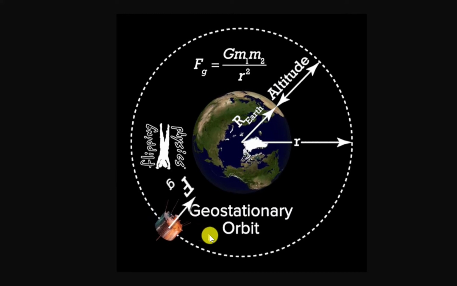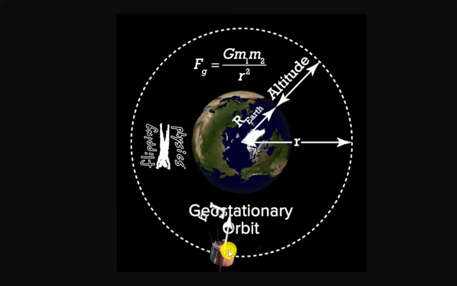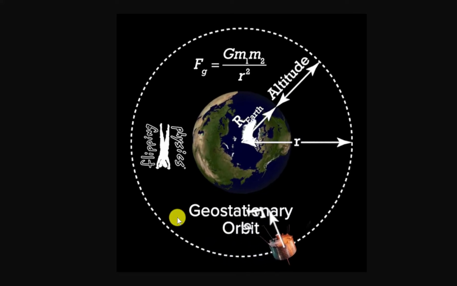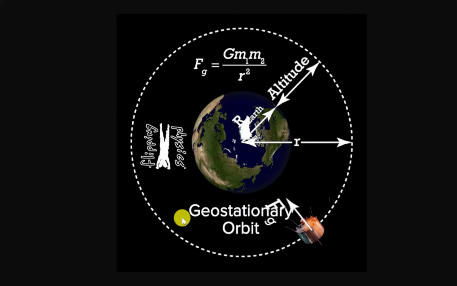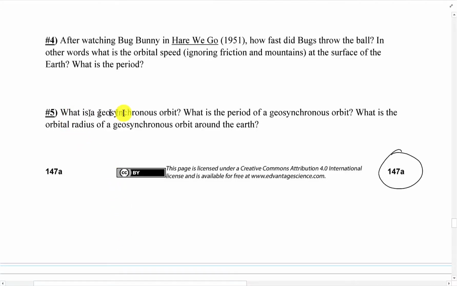So this is synchronized with the Earth. That's why they call it a geosynchronous orbit. So going back to the question, what is a geosynchronous orbit? It's a satellite that is synchronized with the Earth so that it turns around with the Earth, so that it's in the same place above the Earth at all times.